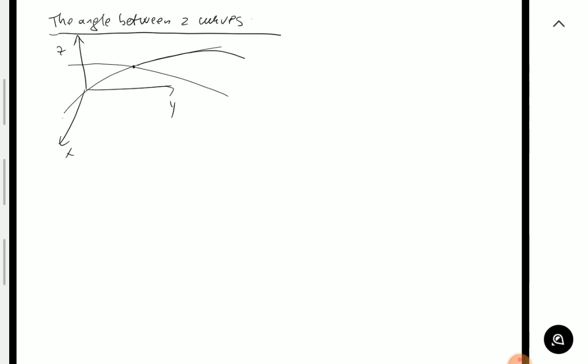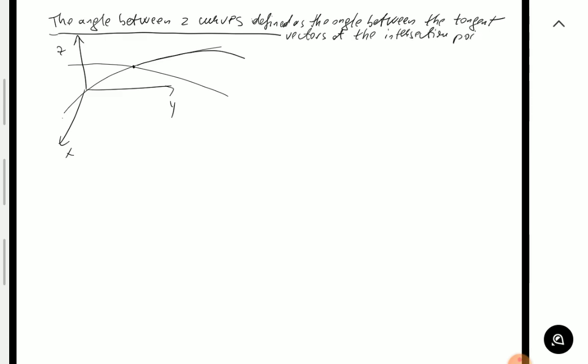So the angle between two curves is defined as the angle between the tangent vectors at the intersection point.